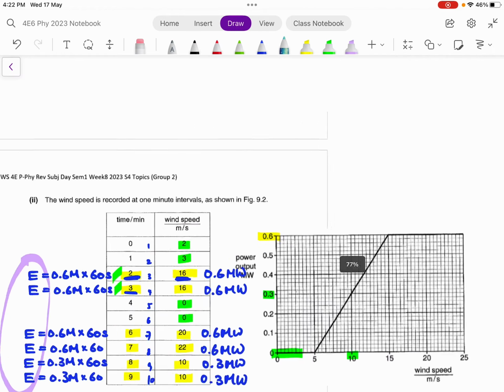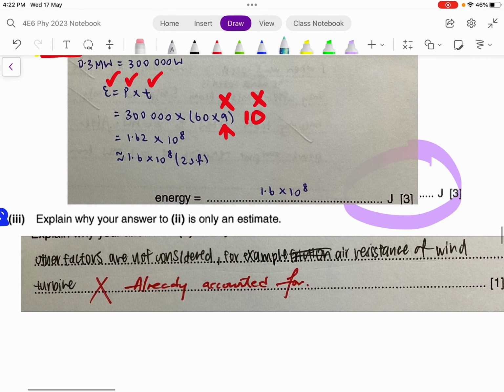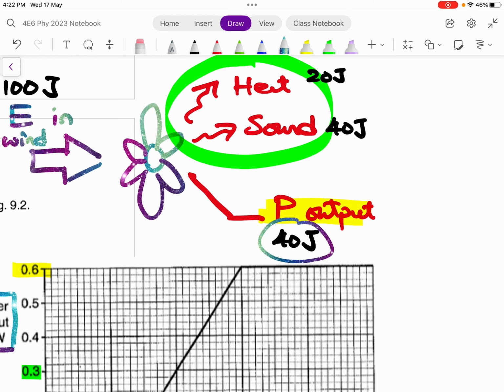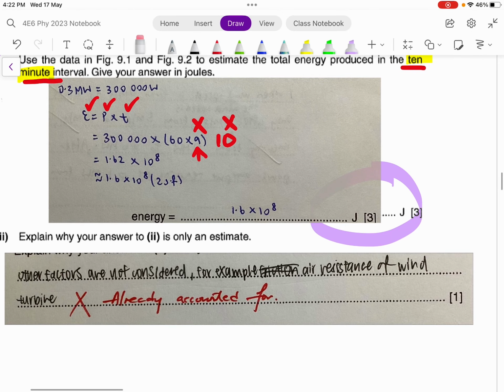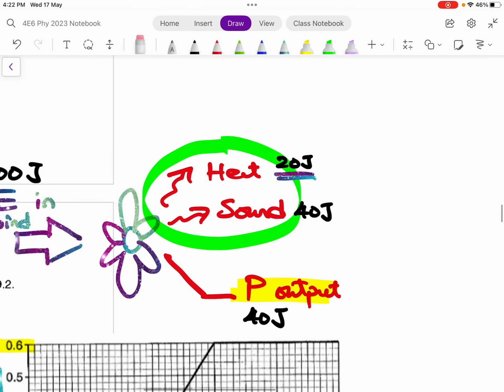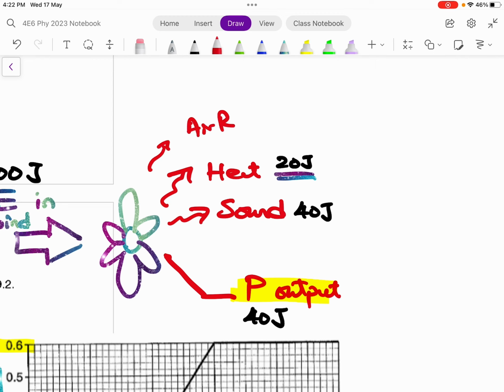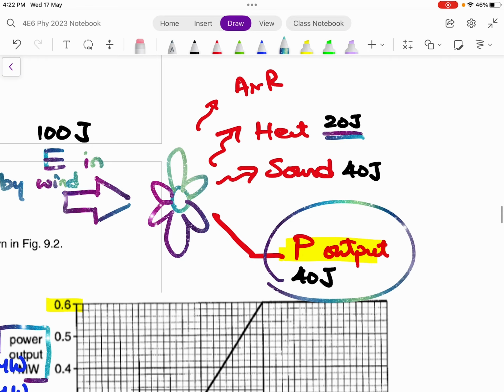So when the question asks you, what is the estimate in your answer in 2? You cannot say that, oh, in my answer in 2, I haven't accounted for heat loss. No, heat loss is already accounted for. Understand? So down here, we cannot accept heat loss, sound energy loss, air resistance, friction between the gear and the wind turbine; all these are already accounted for, because you are directly measuring the output already.